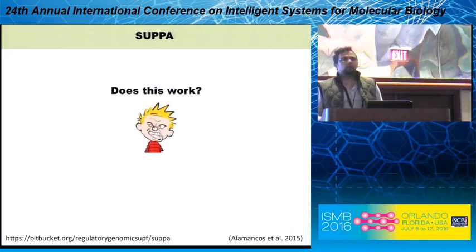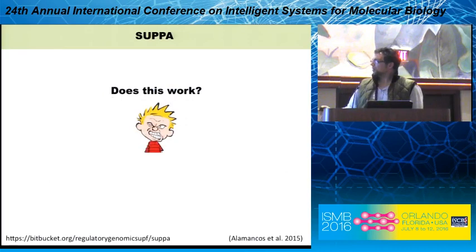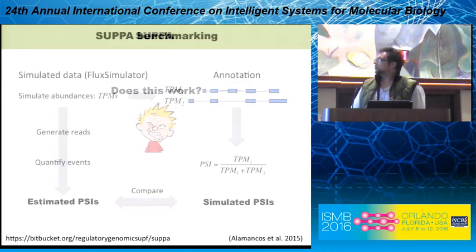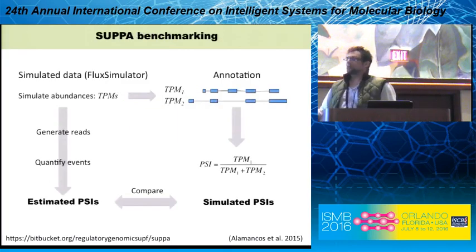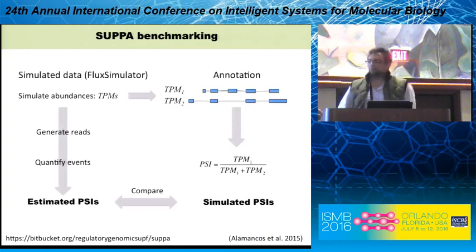So the question was, does this work? To benchmark this, we first used simulated data. The simulation was simply using Flux Simulator with a given annotation. The simulation provides a quantification of the transcripts, and from that quantification it generates reads that you can use for your analysis.